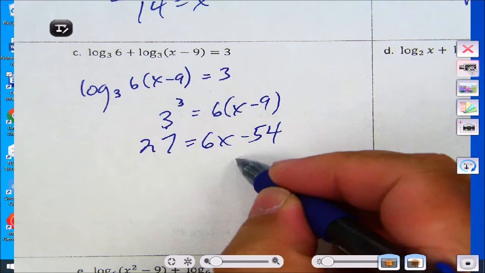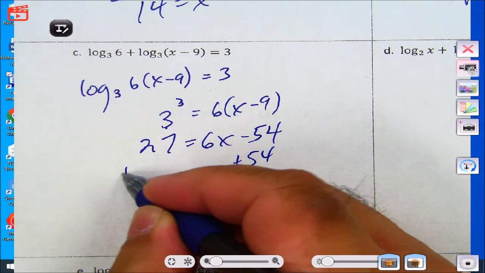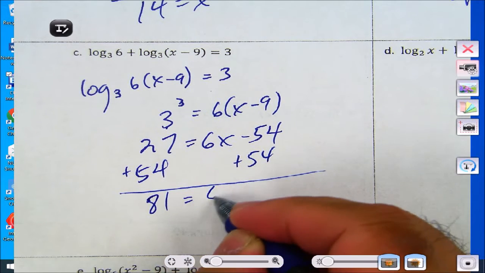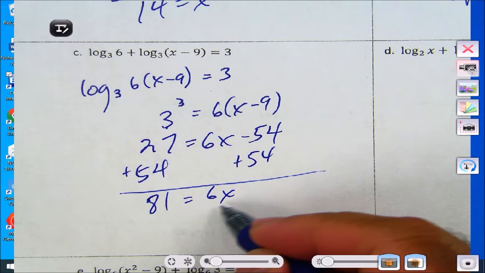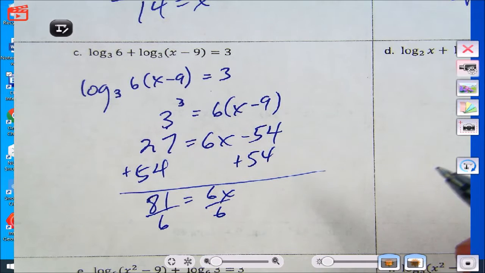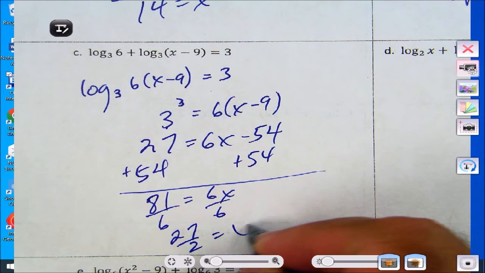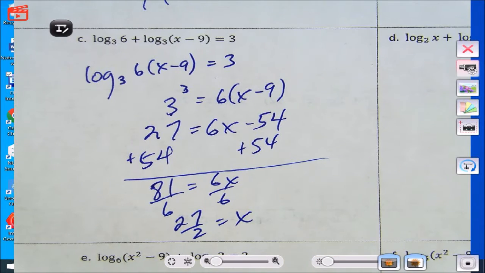Add 54 to both sides. That gives me 81 equals 6x. Divide by 6. And when you put it in the calculator, you get 27 halves. 81 over 6 is 27 halves. It is okay if you can't do that in your head.